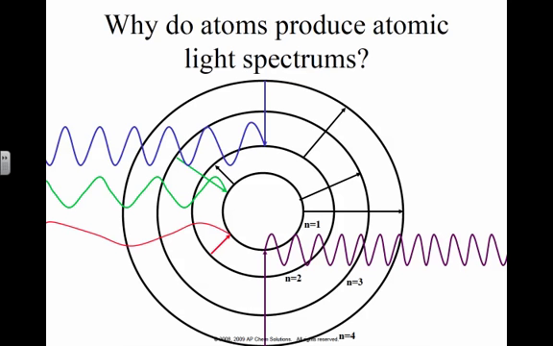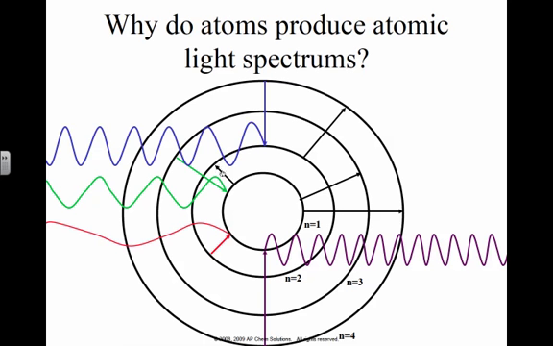Why do atoms produce atomic light spectrums and multiple colors? Well, there are so many choices that can happen here. Like an electron that's in the first energy level jumps from the first energy level to the second energy level. It takes a certain amount of energy to go from here to here, and it doesn't stay there long.